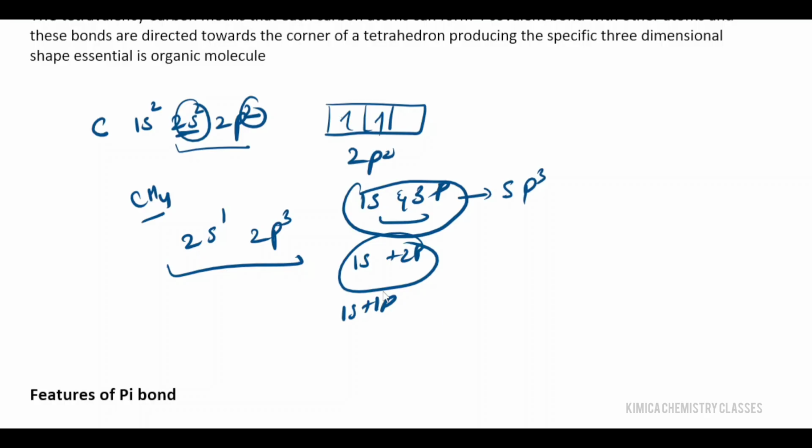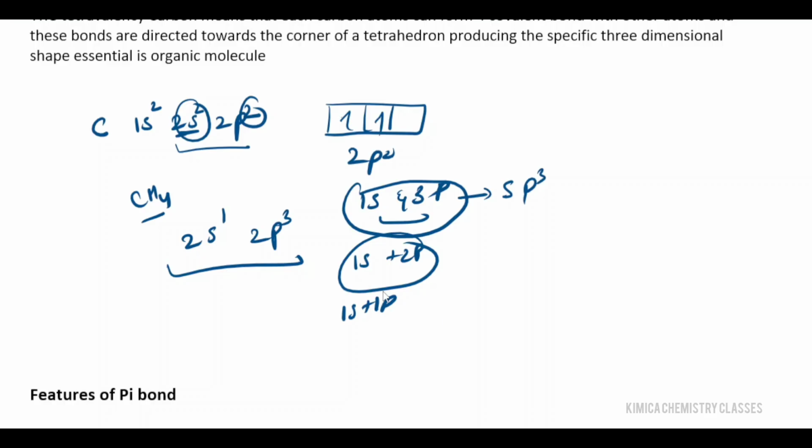So no wonder carbon is called the backbone of organic chemistry. Its ability to remix orbitals explains why it forms millions of compounds, far more than any other element. So this is the reason for the tetravalency of carbon.